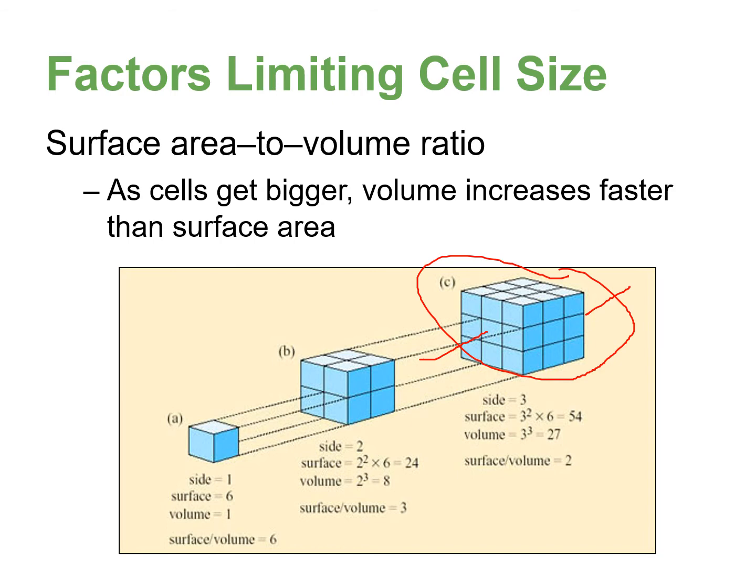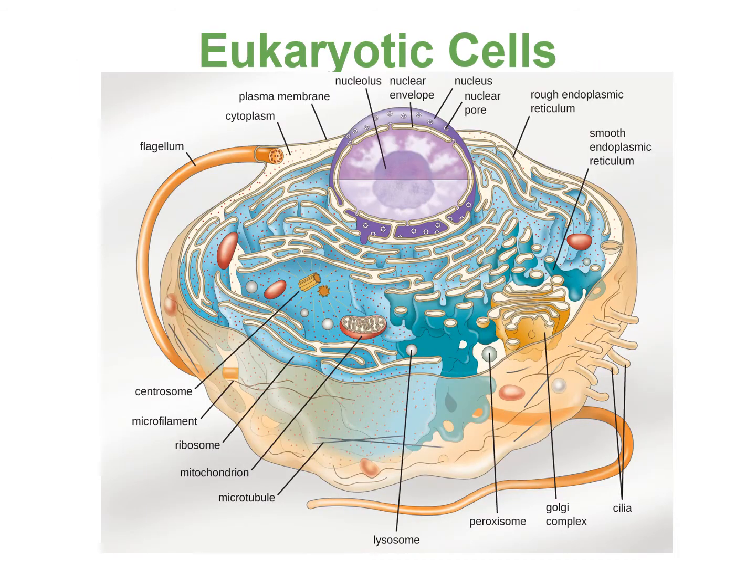Because if this was one big cube, not, what was that, 9 times 3, 27 cubes, you couldn't get nutrients from this side to transport all the way over to that side within the cell. It wouldn't work. Which is why when you look at the eukaryotic cells, our cells are much bigger, anywhere from 10 to 100 times bigger than a prokaryotic or bacterial cell.